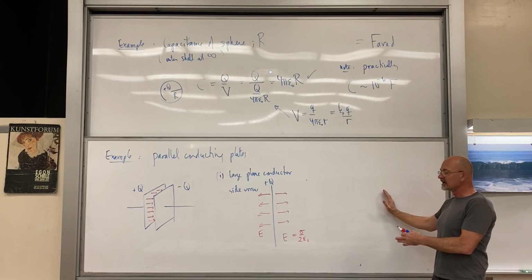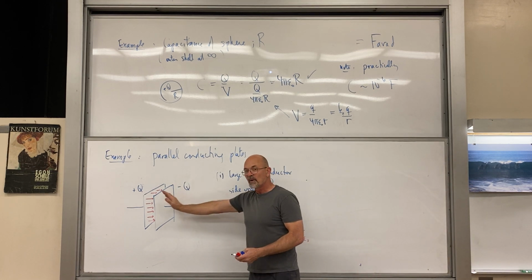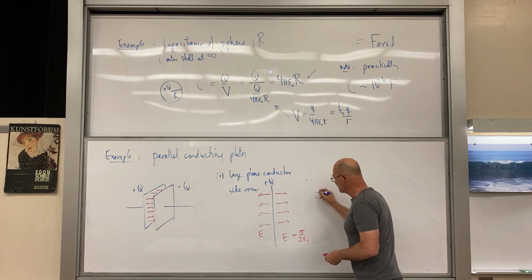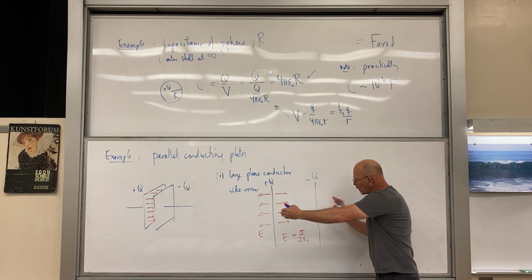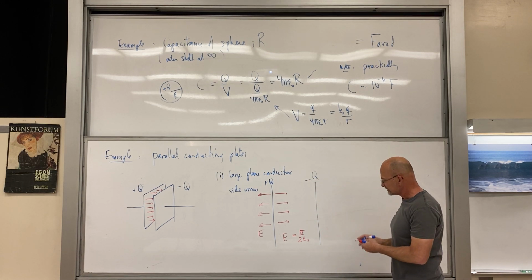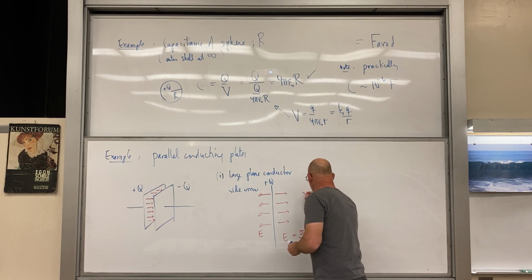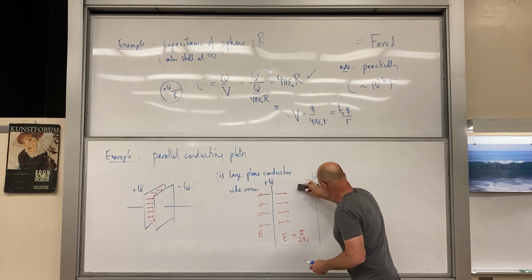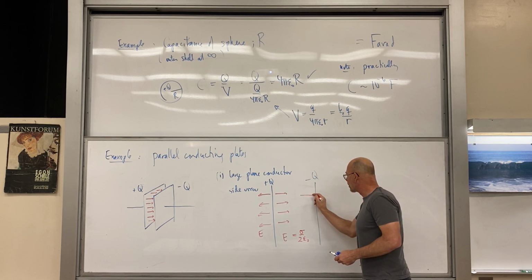It exists out here with the same constant value. And to the left, it exists way out here. So when we take our second plate, and again, this is close together compared to the extent of these things, we have here fields like this. Oh no, it's got the minus charge, so the field is towards the plate.